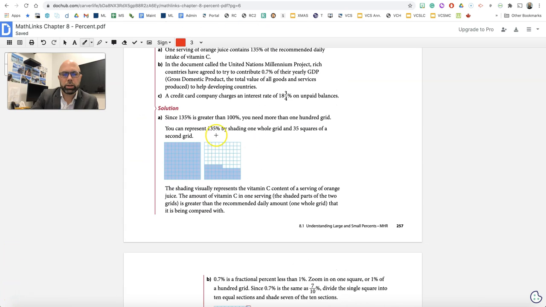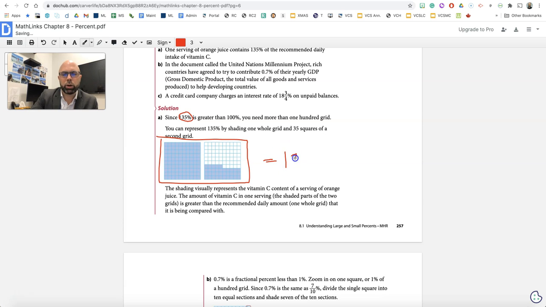Okay, as I was saying, it's really important to be able to visualize 135% as basically two squares. The first one completely shaded in. The second one, 35 cells out of 100 shaded in.